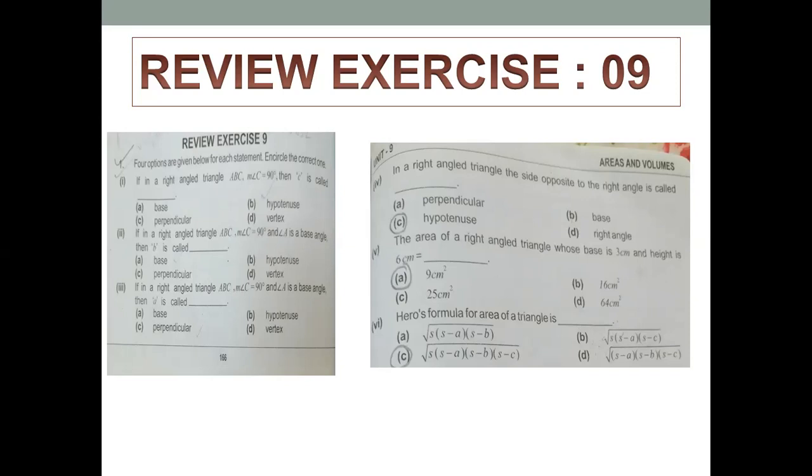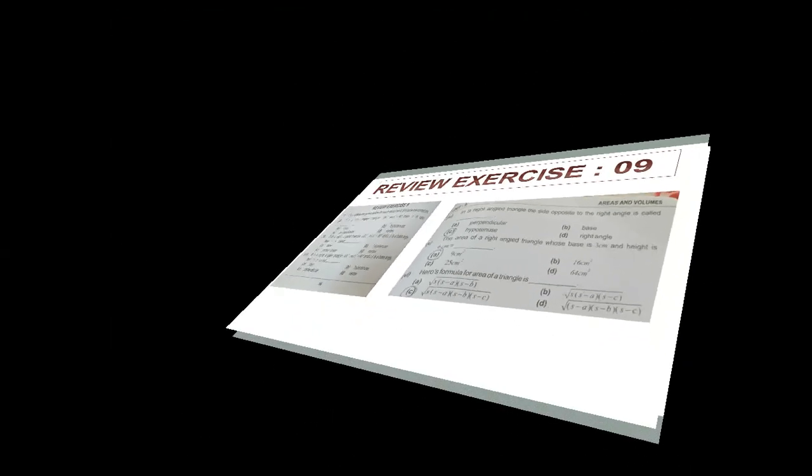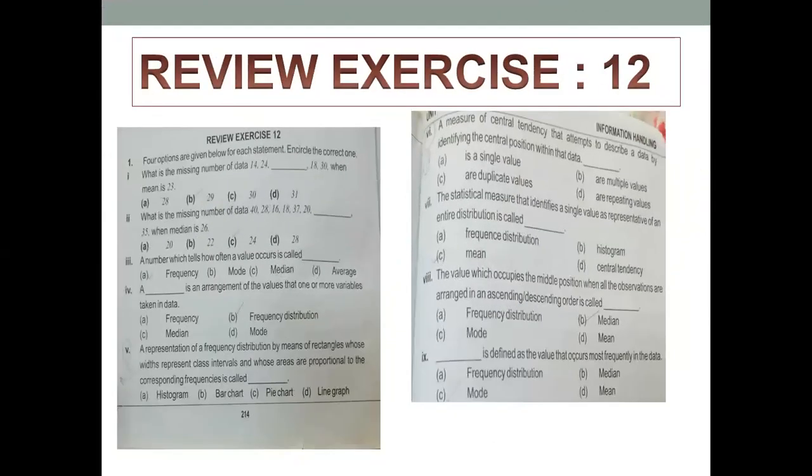Now come to the objective of this chapter, chapter number 8, or according to you maybe chapter number 10. What is the missing number of the data 14, 24, 18, 30 when the mean is 23? 29 is the missing value.